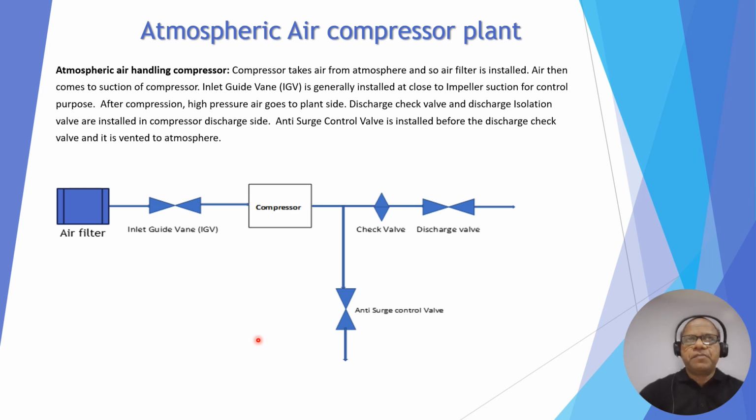It is mainly to take care of surge control of the compressor, and also it is used for the process application. In the normal case, this valve remains closed, so the compressor takes air from the atmosphere and discharges it to the process.